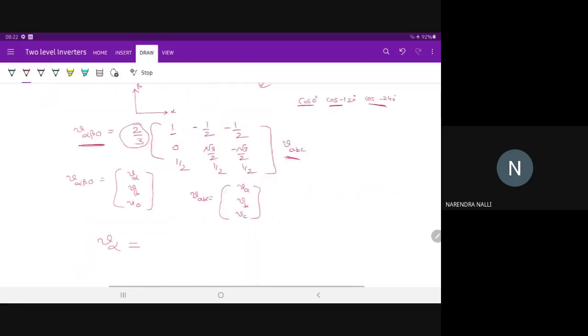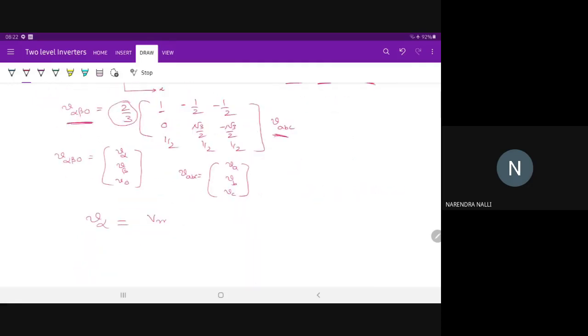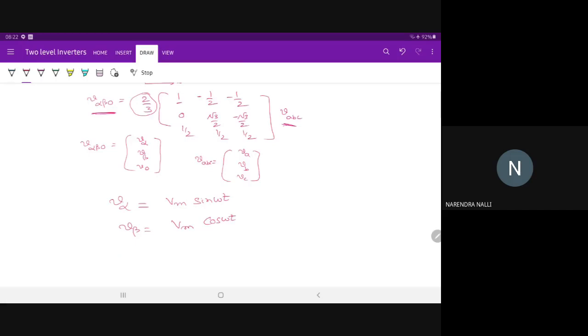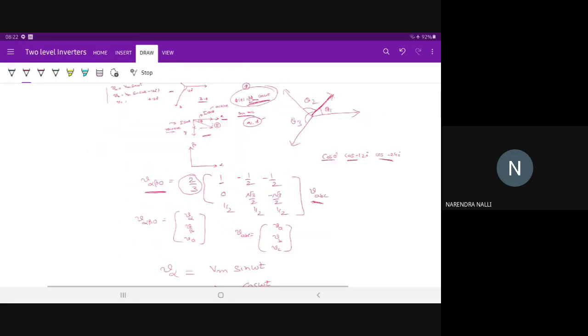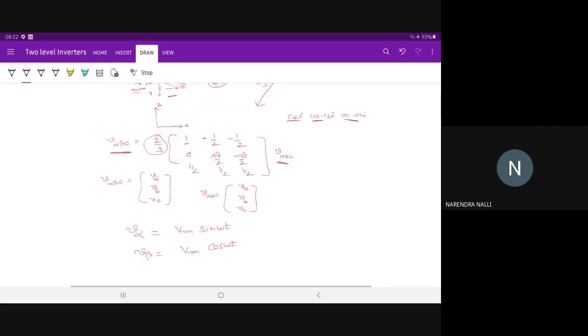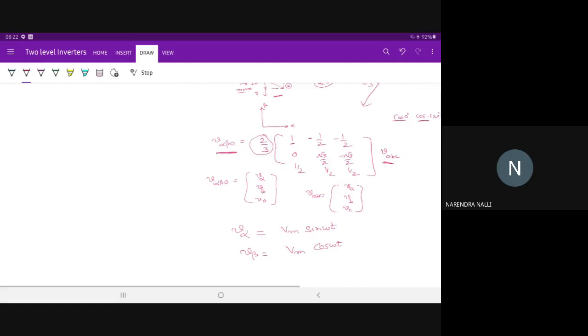So this V alpha will become Vm sine omega t, and V beta is Vm cos omega t. It's clear? So this is the conversion between ABC to alpha beta reference frame.